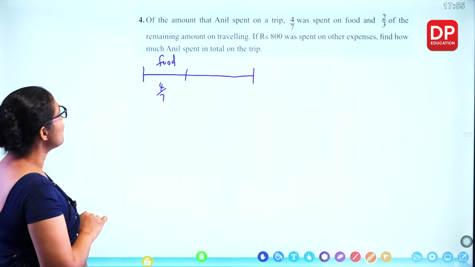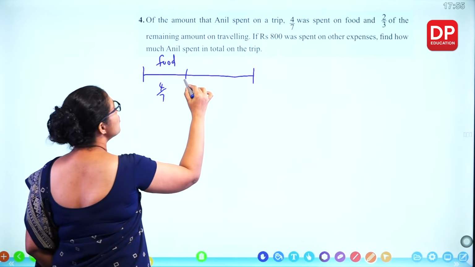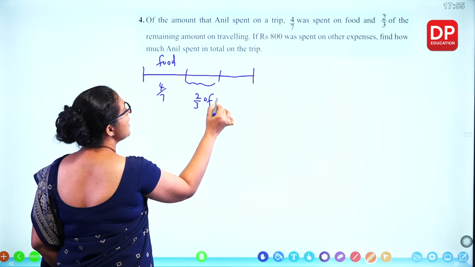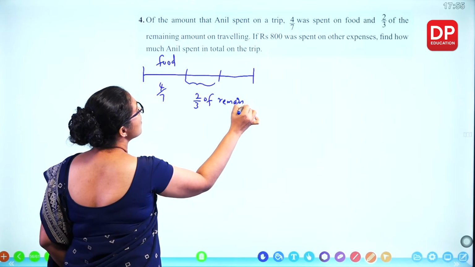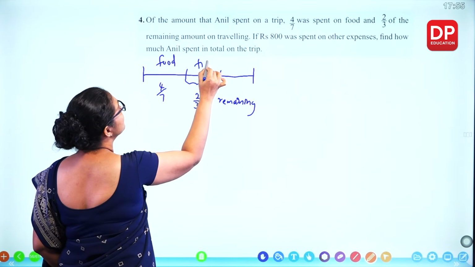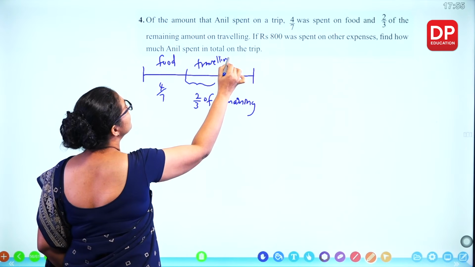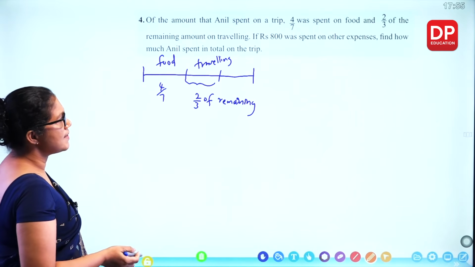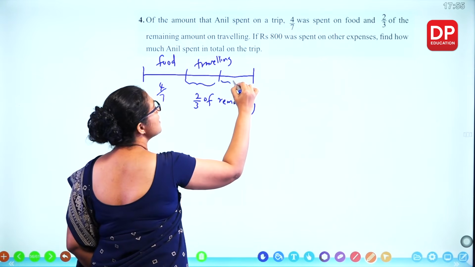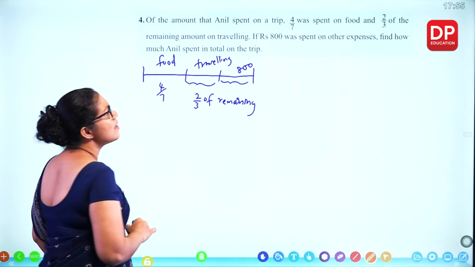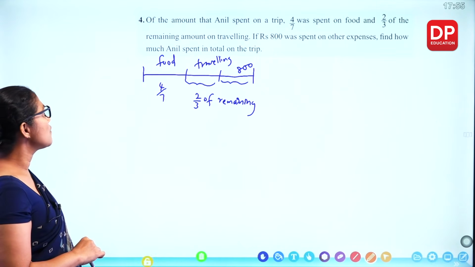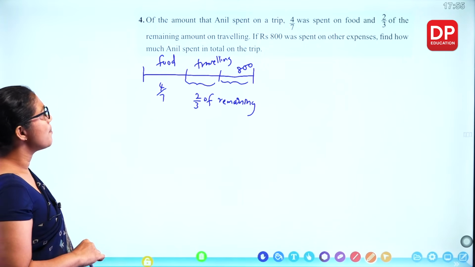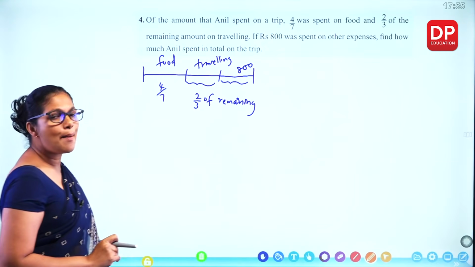And 2/3 of the remaining amount, so 2/3 of remaining for traveling. If 800 rupees was spent on other expenses, so 800 rupees for other expenses. Find how much Anil spent in total on the trip. So they are asking the full amount.